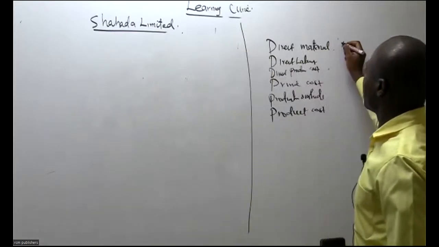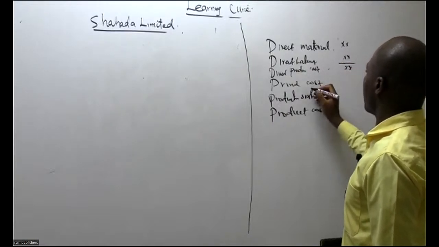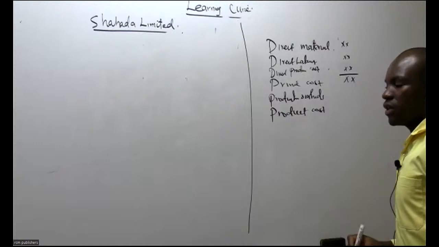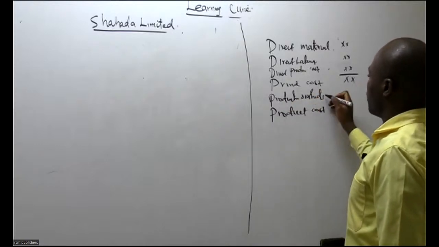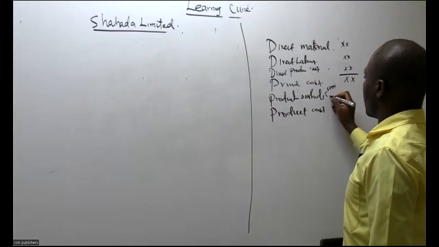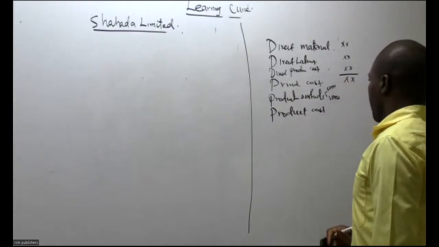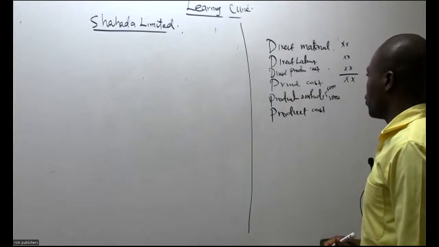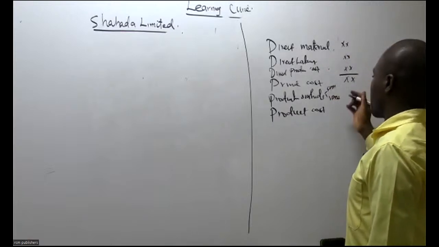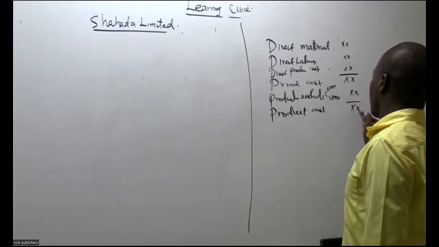So direct material, direct labor, then we get prime cost. After getting prime cost, we add production overheads, which we know very well: fixed production overhead and variable production overhead. This specification here, we are going to do more of it when we get to transfer pricing, whereby you're going to look at marginal and absorption costing. Here, we bring all of them, and then we get product cost.